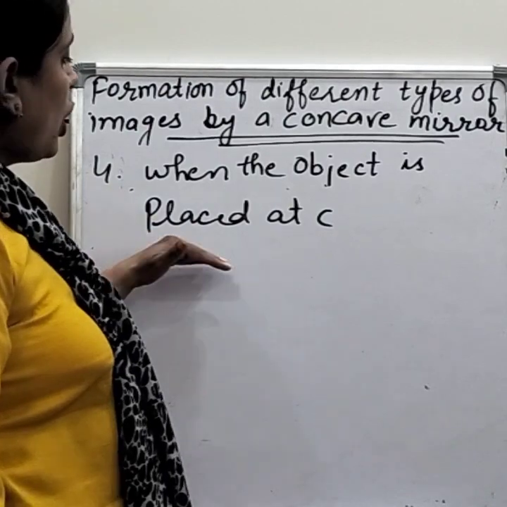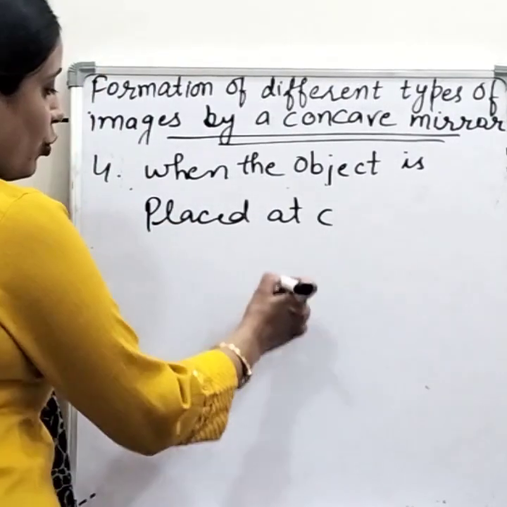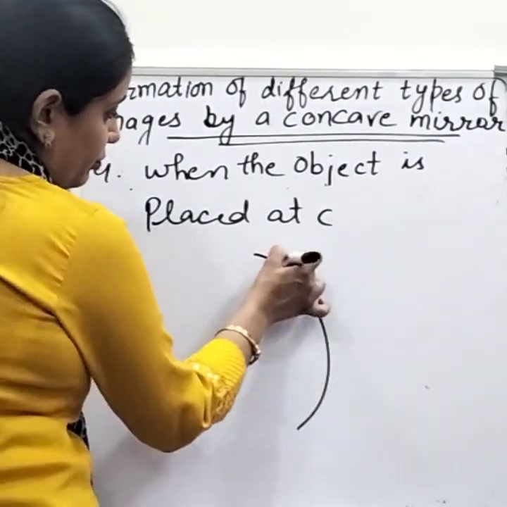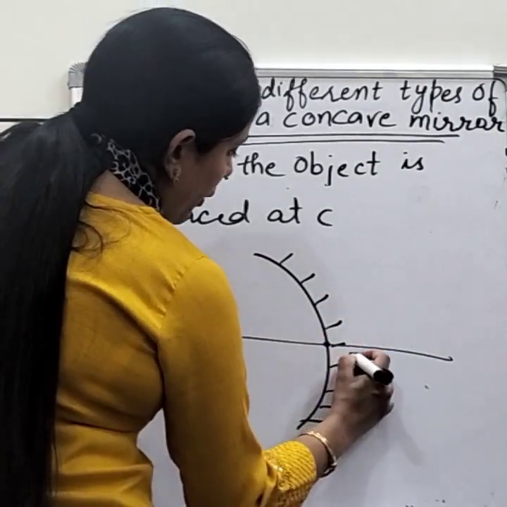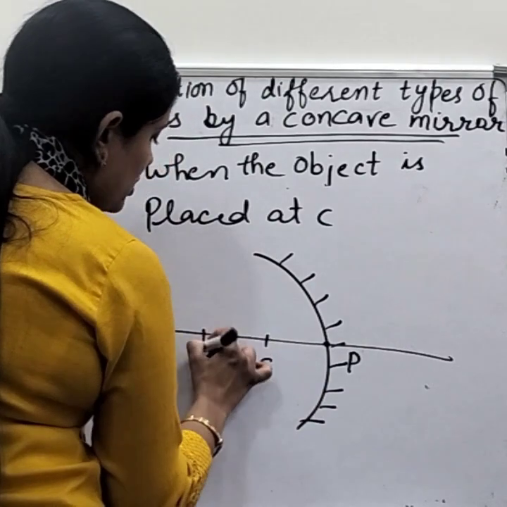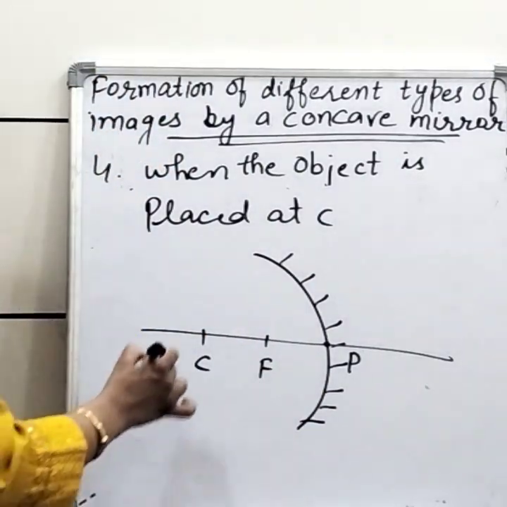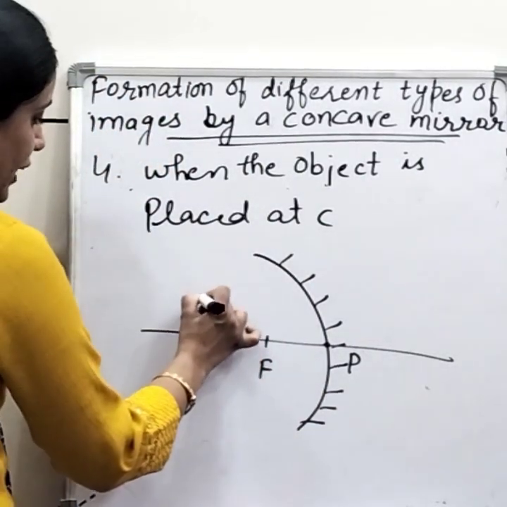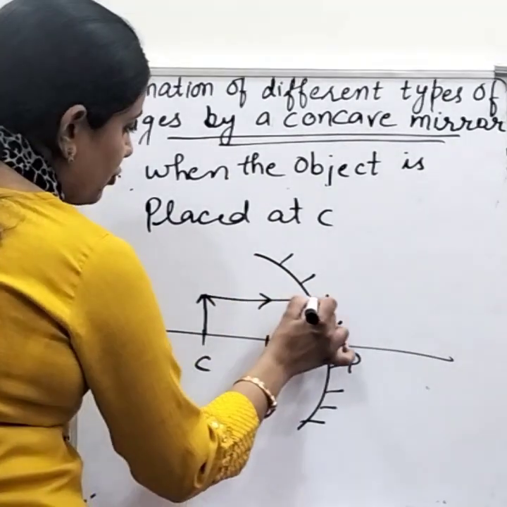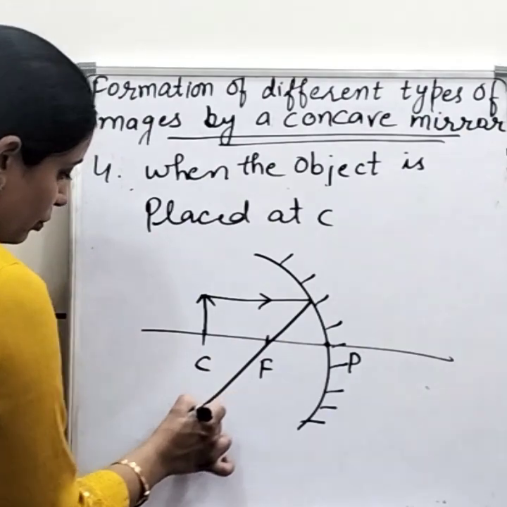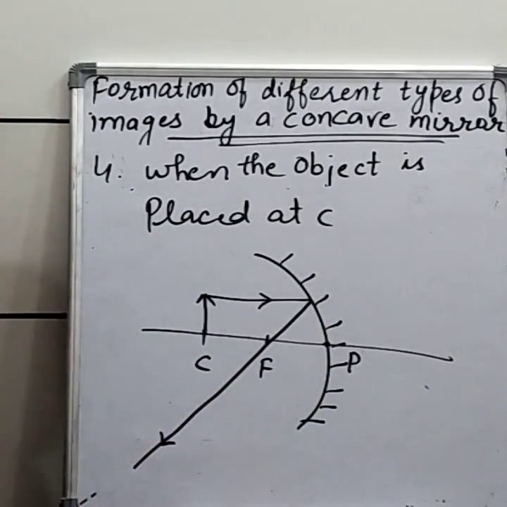Now fourth is when the object is placed at the center of curvature. Concave mirror, pole, focus, center of curvature. So when the object is placed at the center of curvature, first the ray parallel to the principal axis, after reflection, will reflect from the focus point.